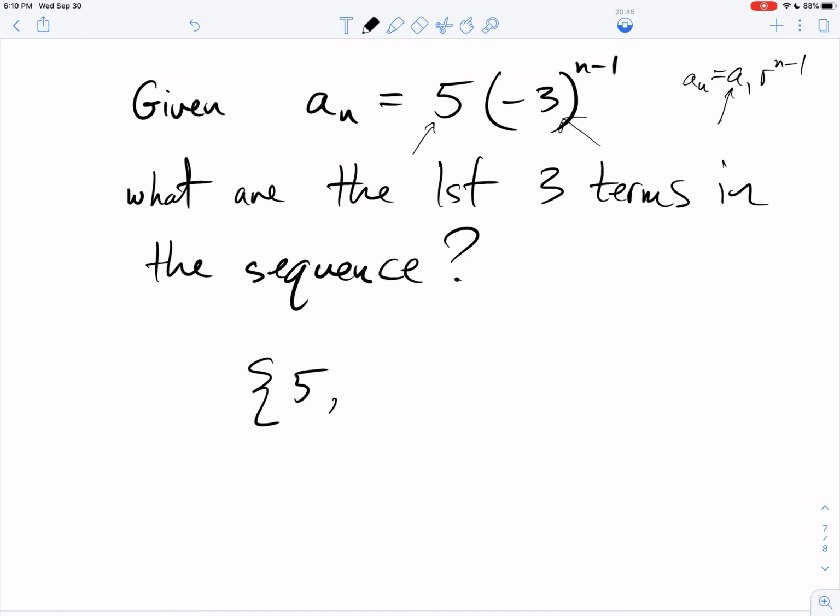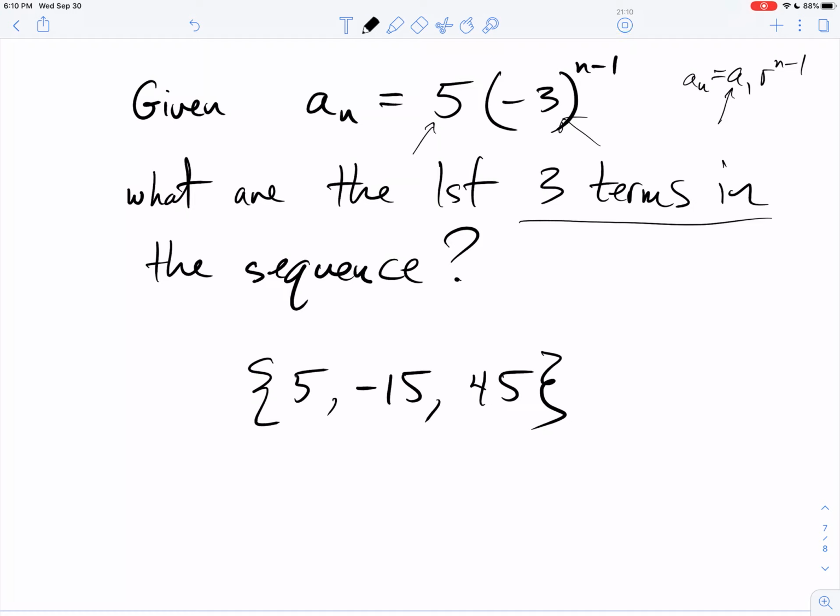So the next number in the list is not -3. No, that's not what that means. It means the next number would be -3 times that number. And then what's -3 times that? It would be 45. And then if I wanted more, I would give you more. But stop, put on the brakes. They only want the first three terms.